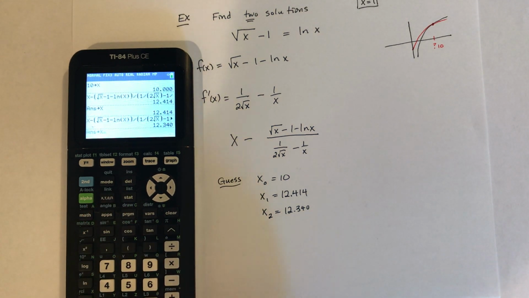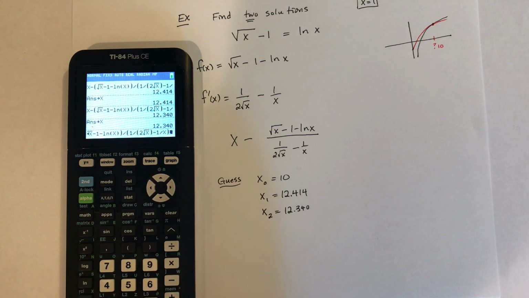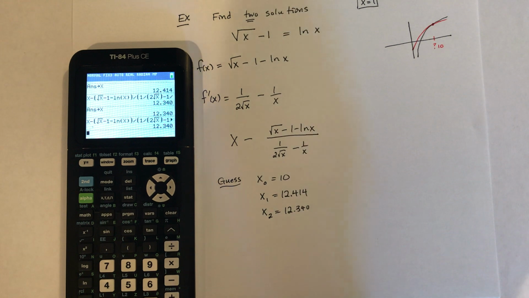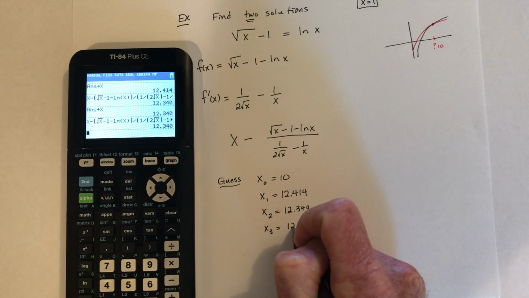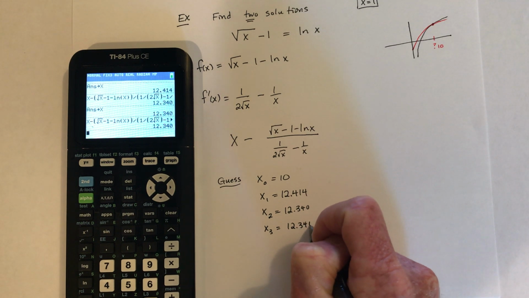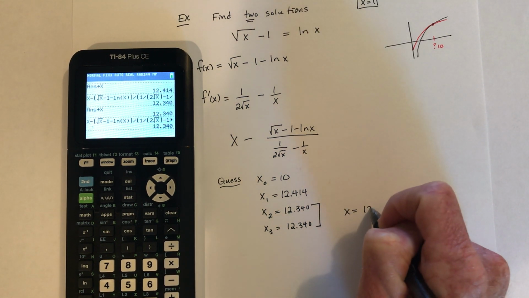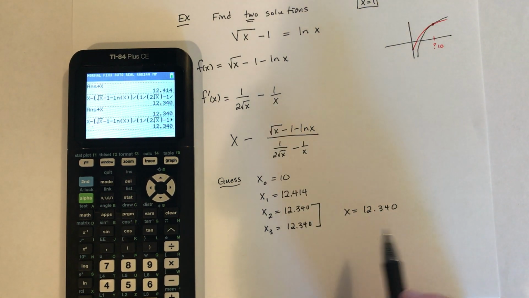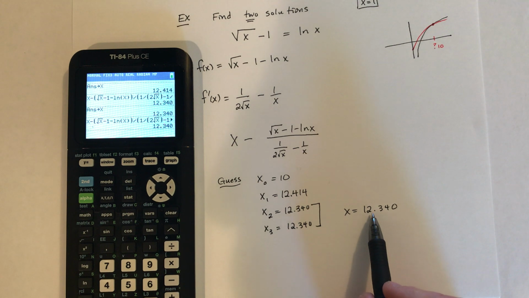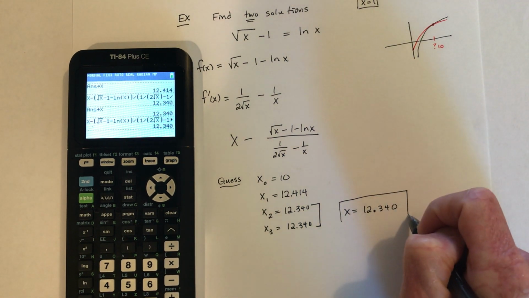Store that as X. Do it again. And we got the same thing twice. So that means that once you get the same thing twice, that is the answer. So X equals 12.340. Oh, that's a pretty cool number though. Check it out. 1, 2, 3, 4. It's all got its stuff in order. Good on you, mate.